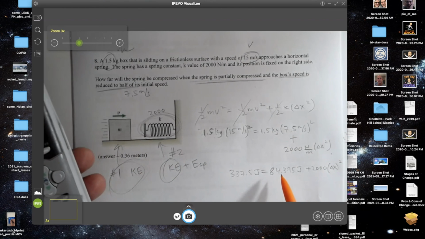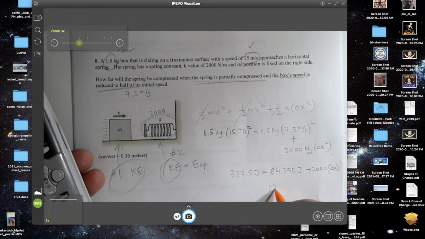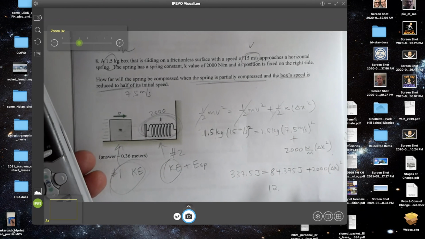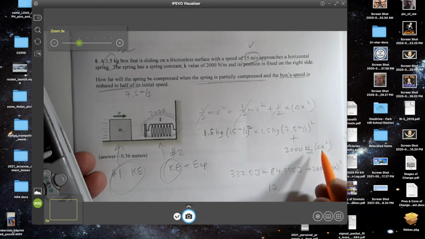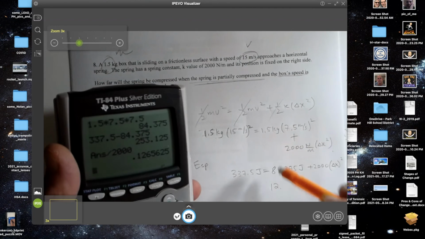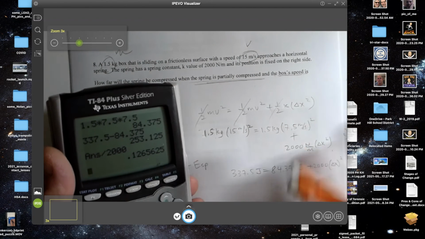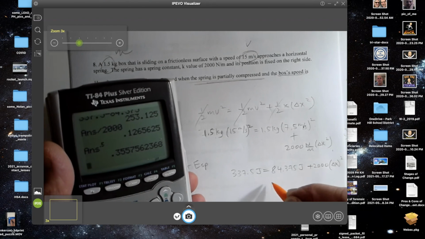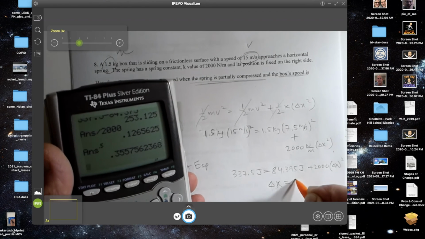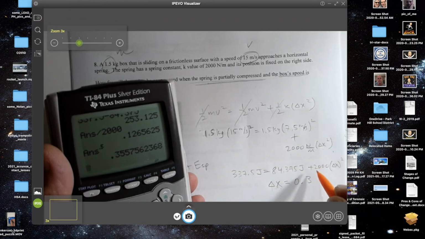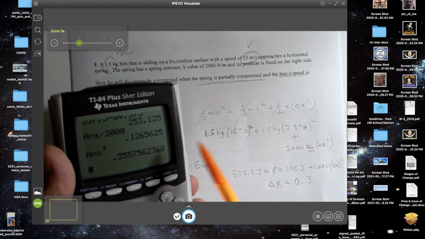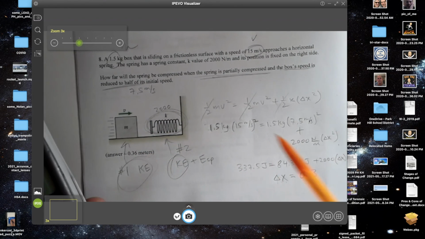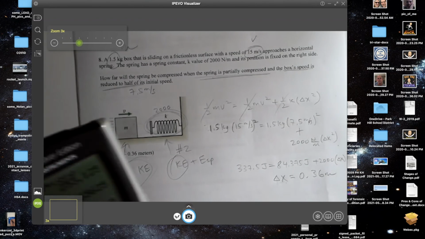Okay, I get then 0.1265. That's delta x squared. We need to take the square root of that. Take it to the half power. We get then delta x is 0.355357, or I've just rounded it off to 0.36 meters.